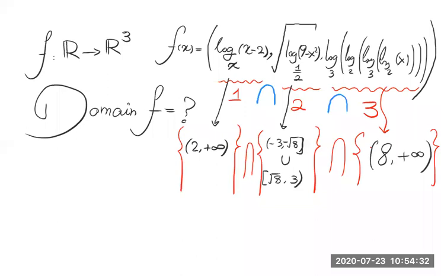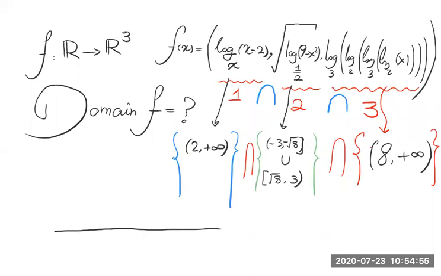Can anyone tell me? Let's use different colors. Let's use blue for this one, green for this one, and red for the last one. So we have this set of real numbers.